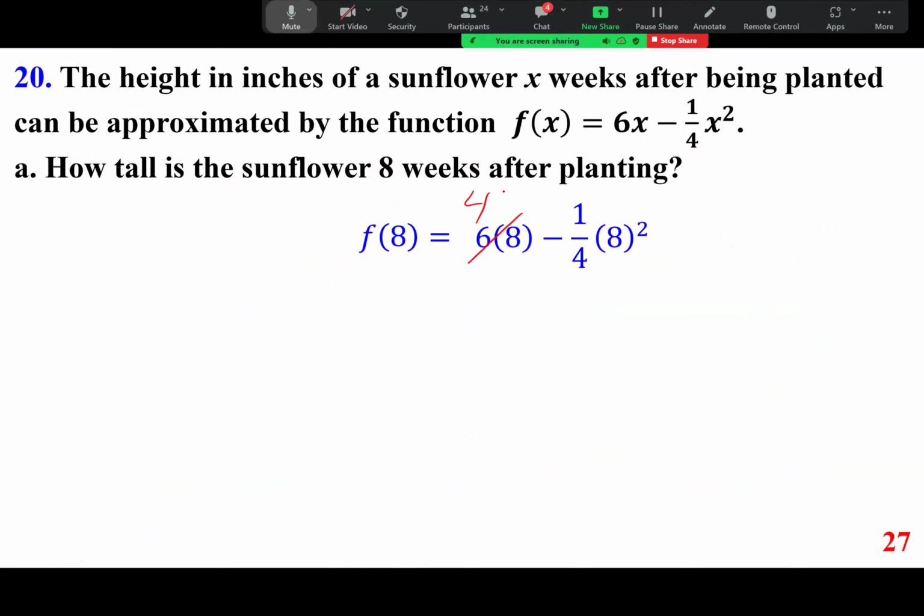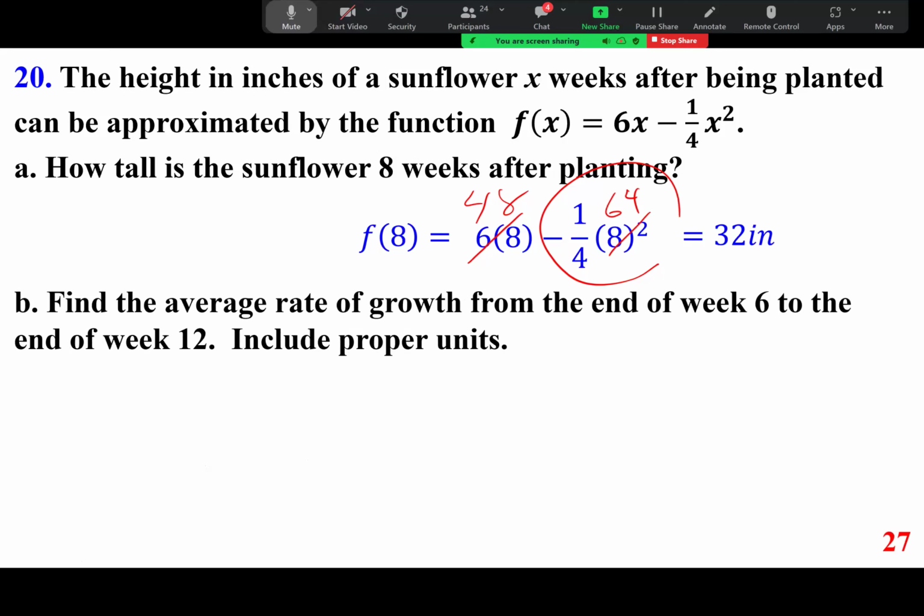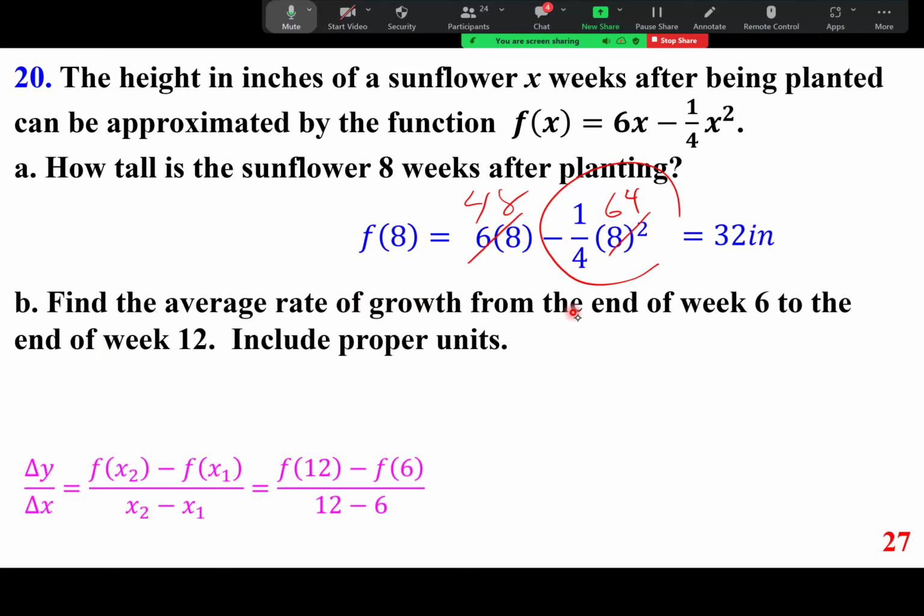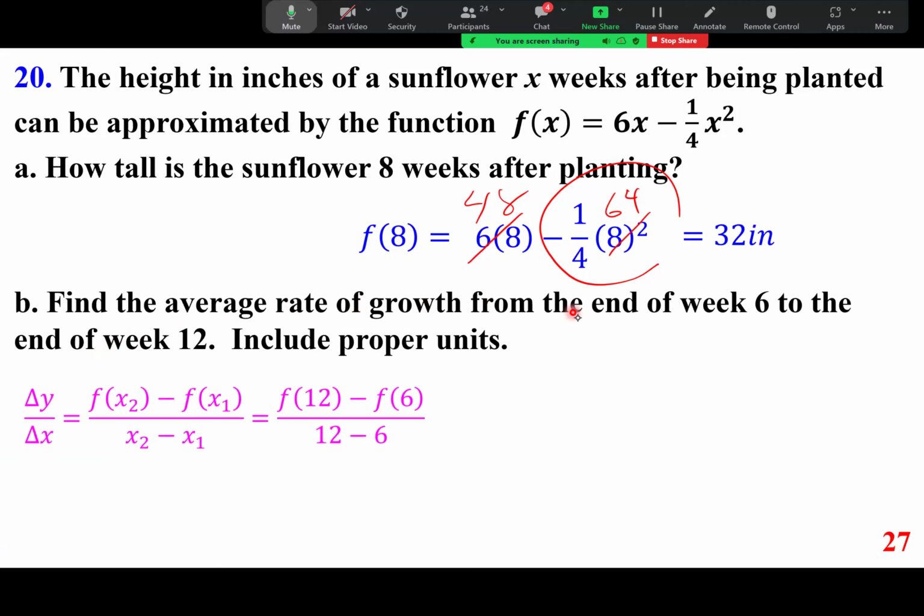This is 48. 64 divided by 4, 16, subtracted from 48, 32 inches. Find the average rate of growth from the end of week 6 to the end of week 12, include proper units. That means f of x sub 2 minus f of x sub 1 over x sub 2 minus x sub 1. So f of 12 minus f of 6 over 12 minus 6.